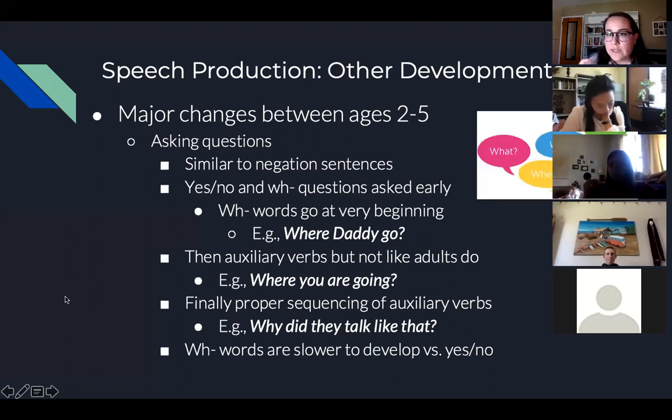And so there's an extra step there in the child's understanding and correctly using the grammatical rules that dictate the order of words in sentences. Versus asking yes or no based questions, those are a lot simpler for children to do. And again, this is another process that takes several years to acquire.